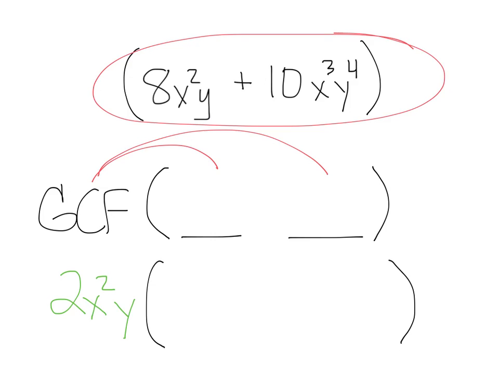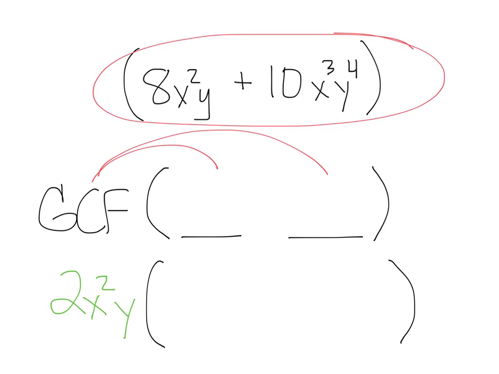And now we need to figure out what goes inside. So to do this, what we're actually going to do is divide our initial value of 8x squared y by 2x squared y. And there's some easy ways to do this.